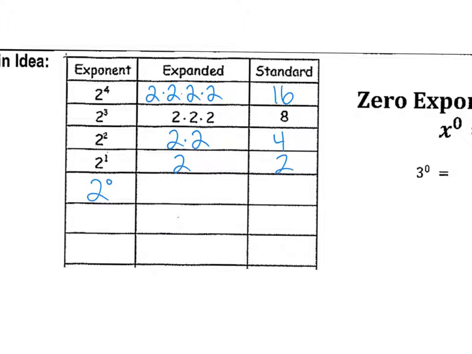Because look at how I'm going down: 16 to 8, 8 to 4, 4 to 2. So it's obviously going to be a smaller number, right? Anything to the 0 power is 1. So that's still 1. Like 87 to the 0 power is 1.